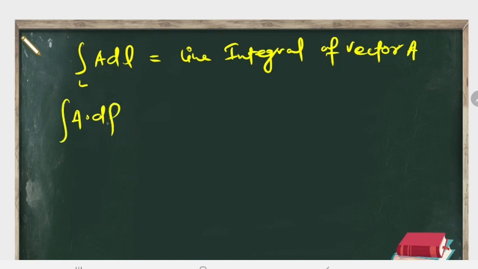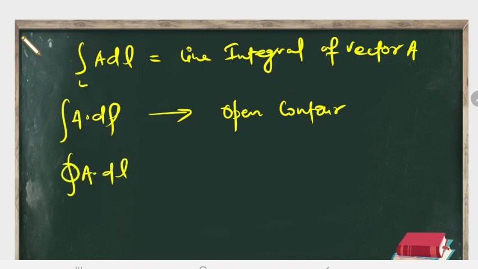This is the line integral written simply in this form, and this line integral is an open contour. And the line integral is written in this form when the path is closed, so we can call this a closed contour.